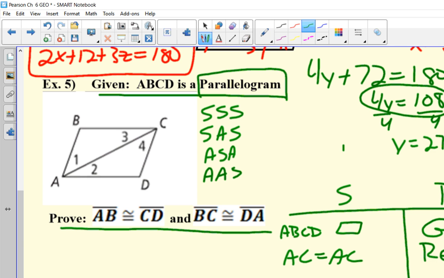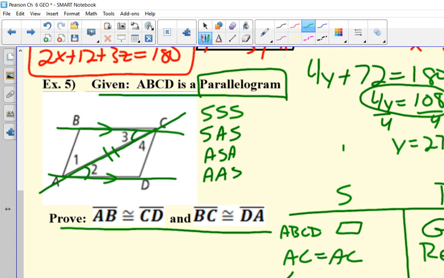Okay, remember, start telling me what you know and how you know it. They told me it was a parallelogram. Well, if it's a parallelogram, then I must have a transversal because opposite sides are supposed to be parallel. Okay. If you go back to a different chapter, when we have a transversal like this, I should be able to think that alternate interior angles are congruent.